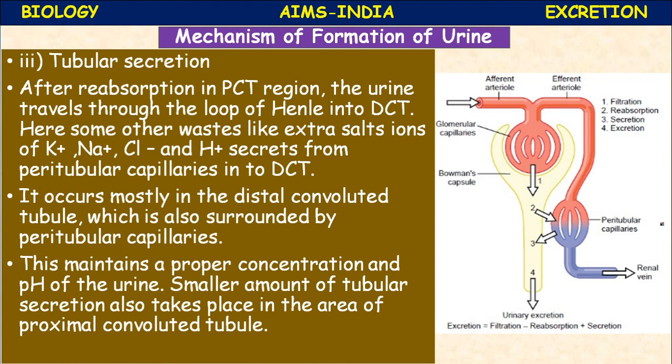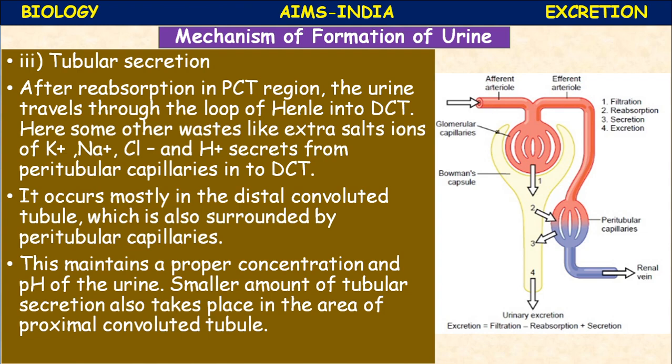So once again, observe this picture here. The entire mechanism of formation of urine is shown here. The afferent arteriole, the renal artery, enters the nephron in the form of minute capillaries called afferent arterioles. This arteriole will form the glomerular capillaries or glomerulus, and it comes out.